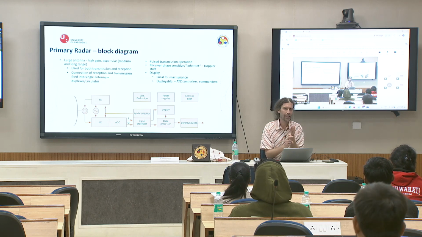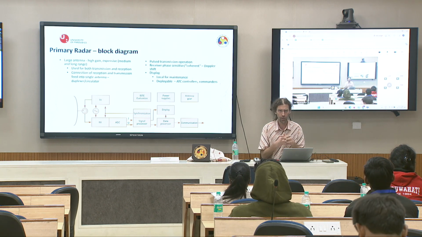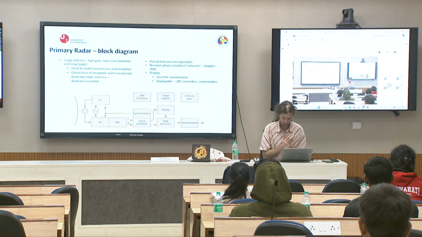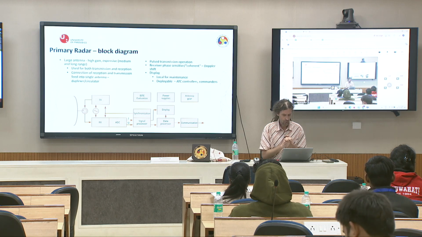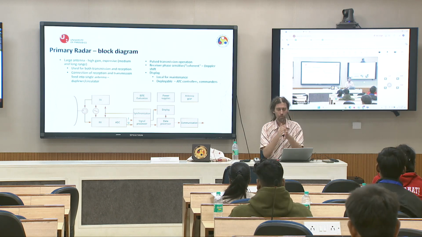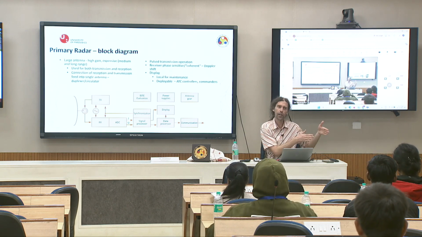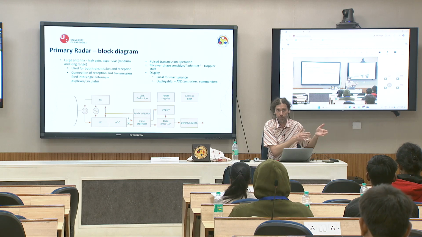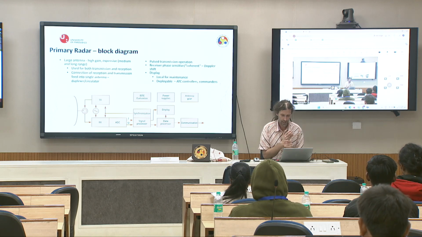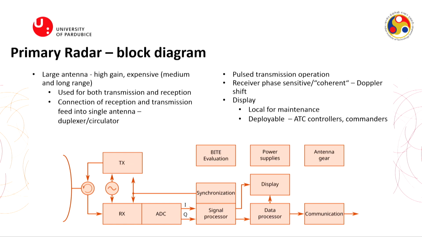Maybe you know Barker coding and some other types of coding. I will show you also later. Then the waveform from baseband is modulated to the carrier frequency, because of course we are transmitting on a carrier frequency, and then it is fed to the transmitter.